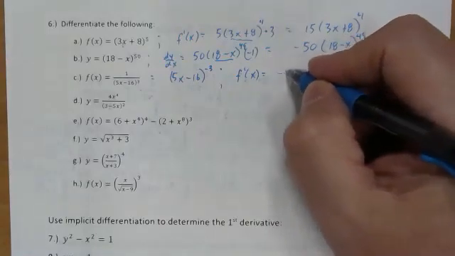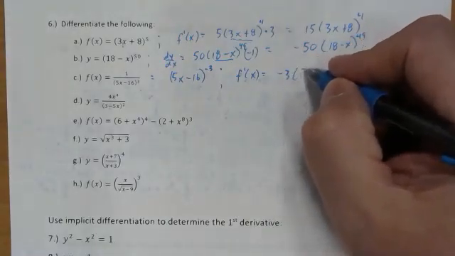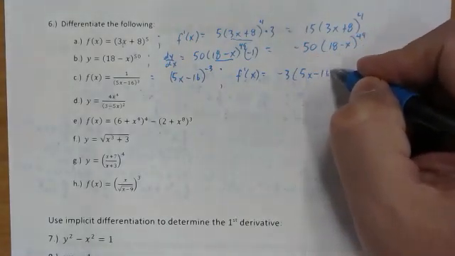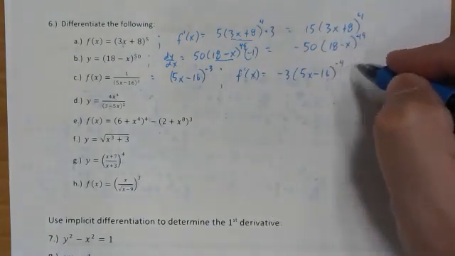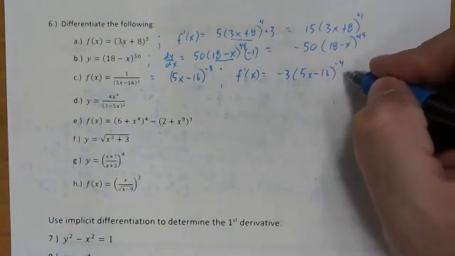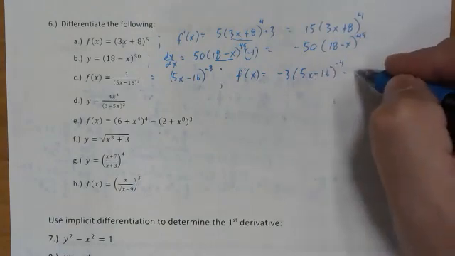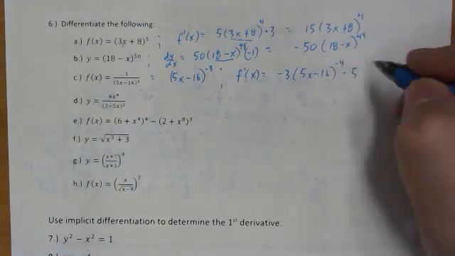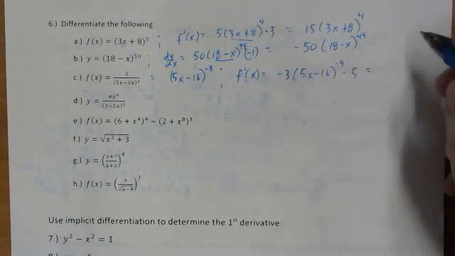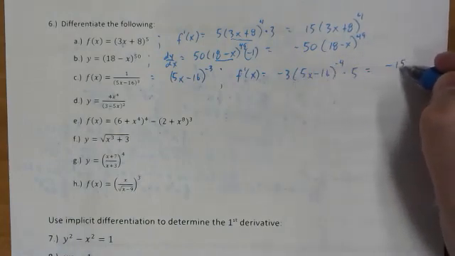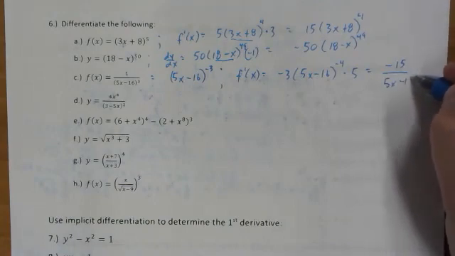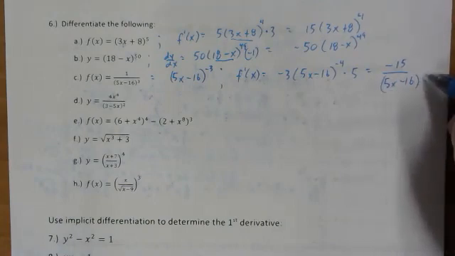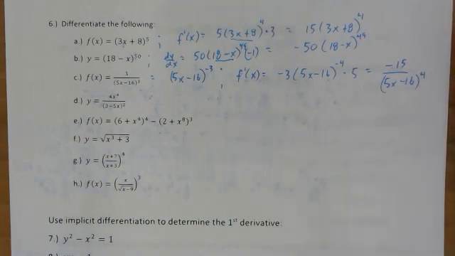So the outside negative 3, copy down the parenthesis, and you subtract 1, and then multiply by the derivative of what's inside, which is just 5. So if I clean this up, looks like negative 15 over 5x minus 16, all to the 4th power.